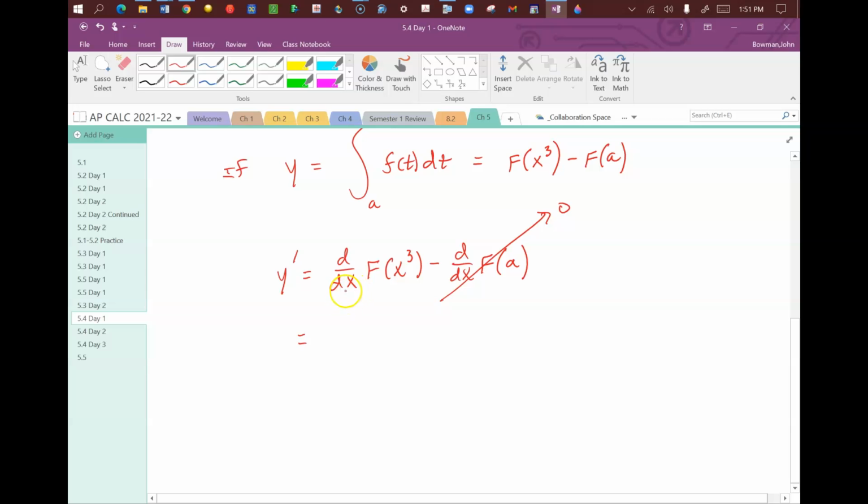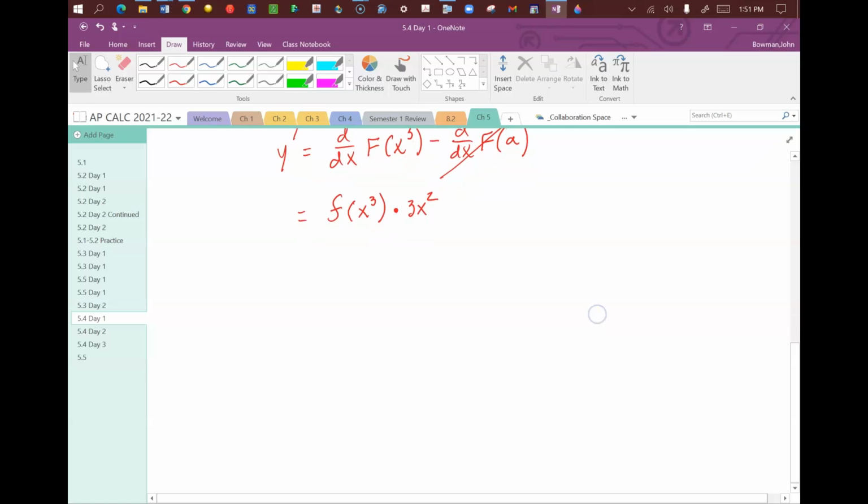So the derivative of big F is going to be little f, evaluated at the inside, which is x cubed, times the derivative of the inside, which is 3x squared. So the chain rule there still applies. The derivative of the outside evaluated at the inside times the derivative of the inside.